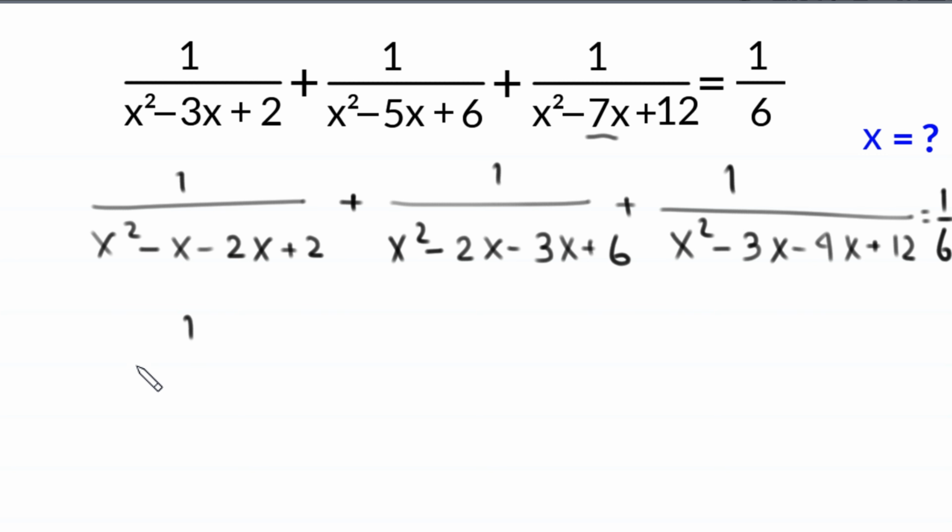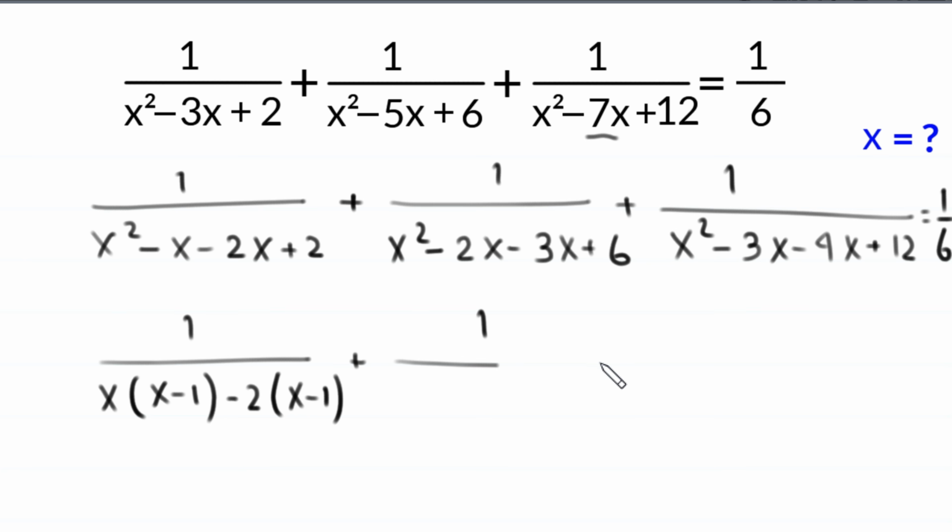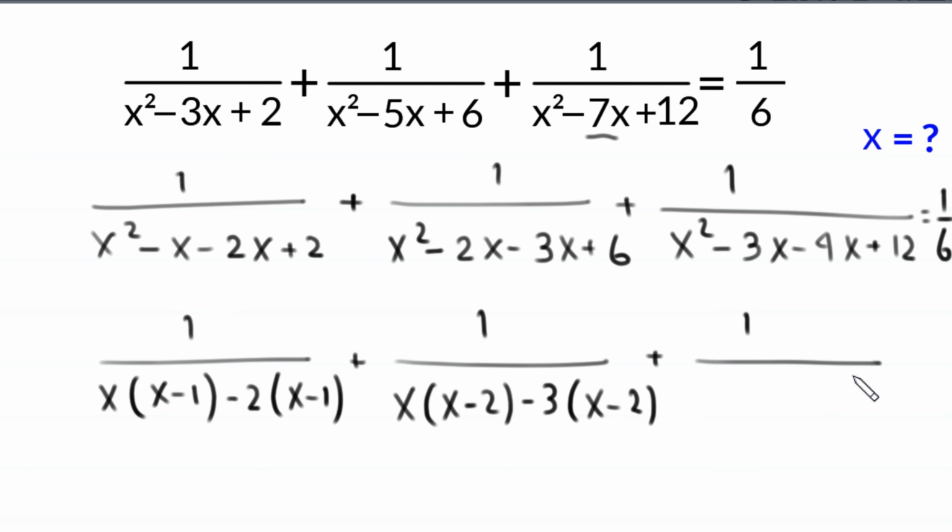Next, 1 divided by, from these two terms we can factor out x in bracket left x minus 1. From these two terms we can factor out negative 2 in bracket left x minus 1, plus 1 divided by, from these two terms we can factor out x in bracket left x minus 2, and from these two terms we can factor out negative 3 in bracket left x minus 2, plus 1 divided by, from these two terms we can factor out x in bracket left x minus 3.